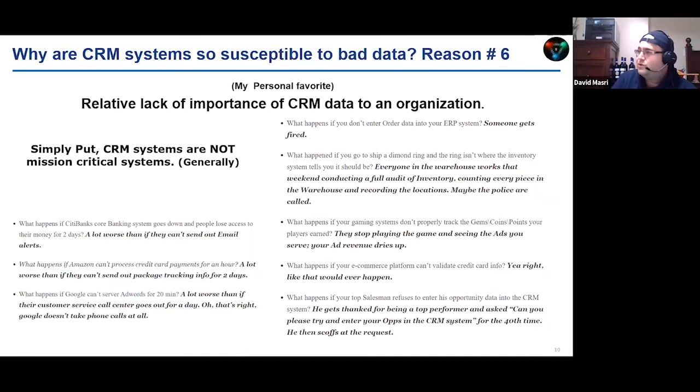And for another good CRM example, what would happen if your top salesperson refuses to enter his opportunity data into the CRM system? He's basically going to get a thank you for being a top performer, and then maybe a side of, can you please try to enter your opportunities into the CRM system, for the 40th time.